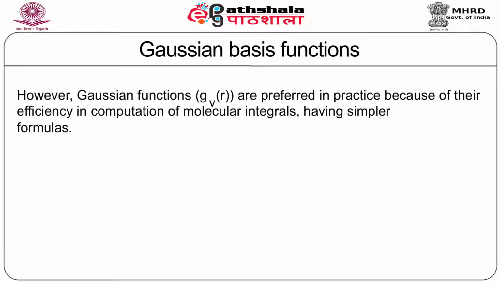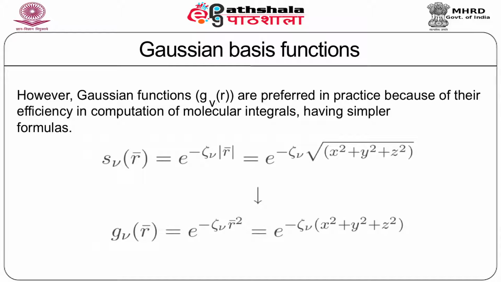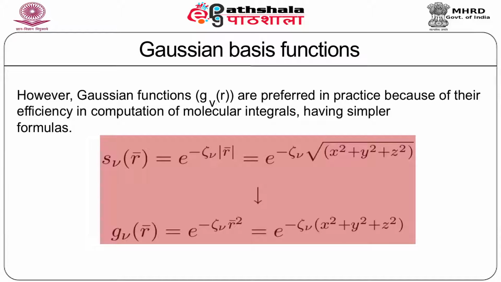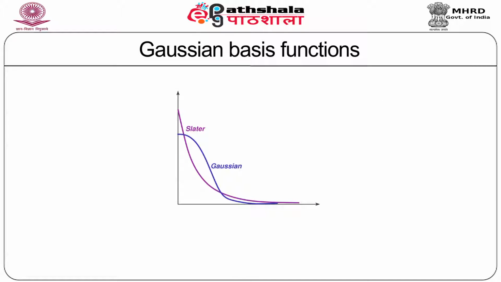However, Gaussian functions shown as g nu r are preferred in practice because of their efficiency in computation of molecular integrals having simpler formula. The mathematical forms of the Slater type orbitals and Gaussian functions are shown here. This plot shows the schematic diagram of the Slater type one and the Gaussian one.